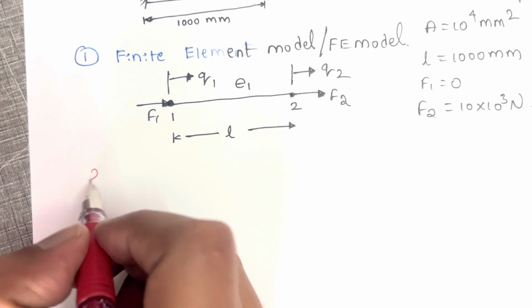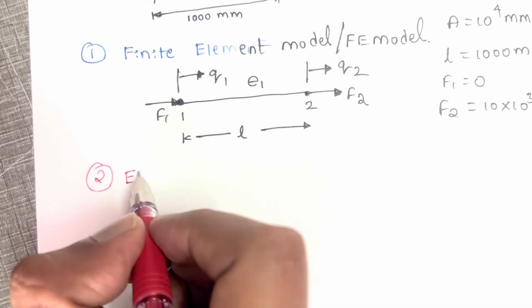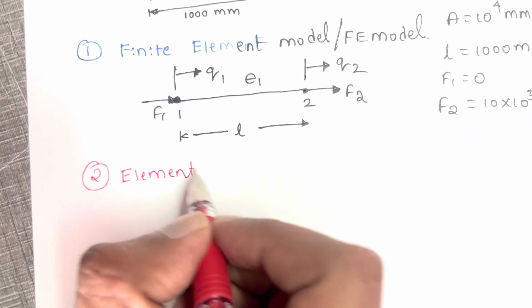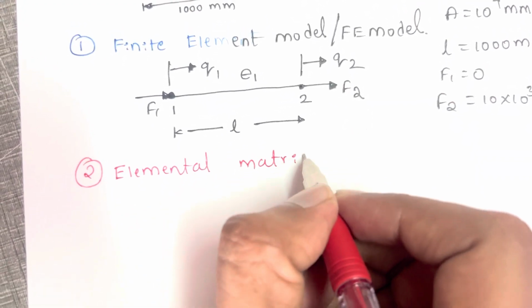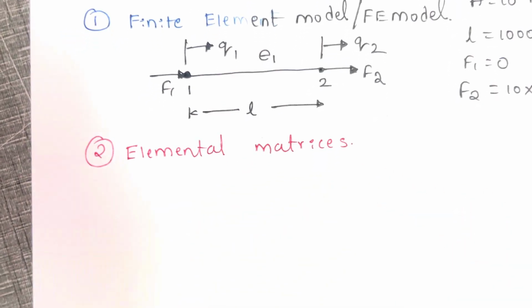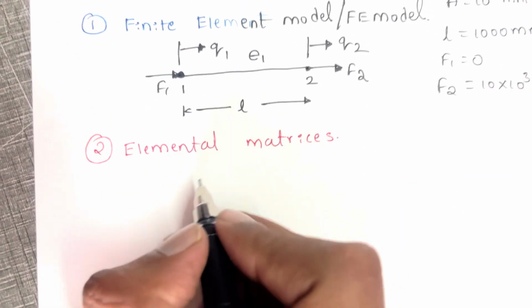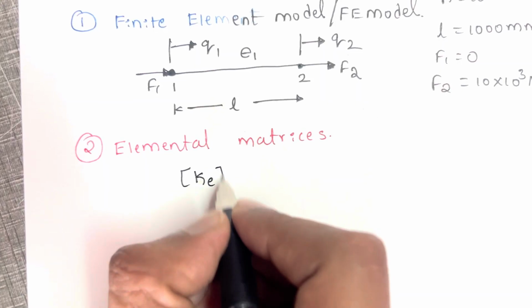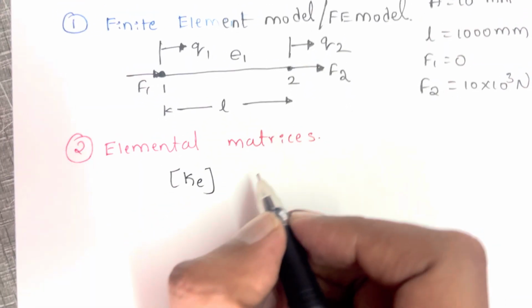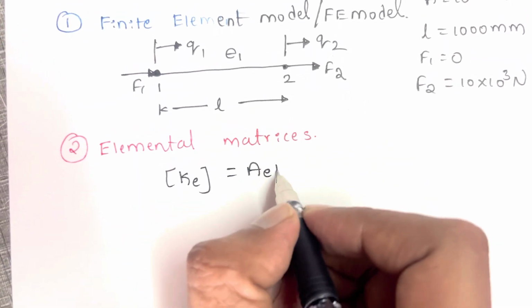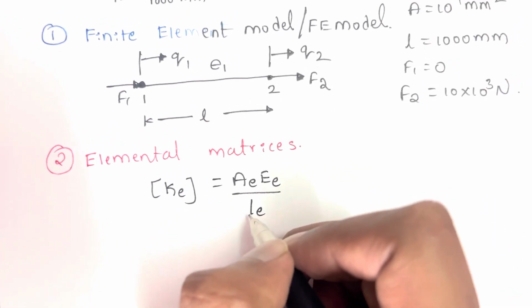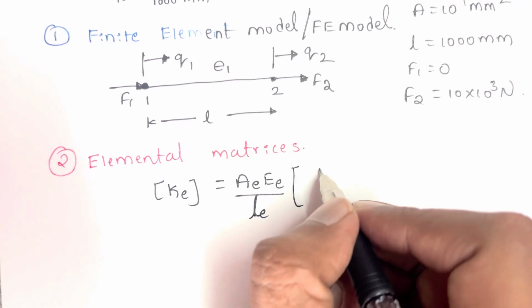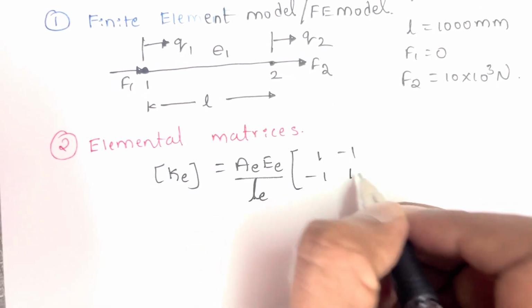Second step, elemental matrices, and we have the formula for elemental matrices from the derivation: KE equals AE EE divided by LE, times the matrix 1 minus 1 minus 1 1.